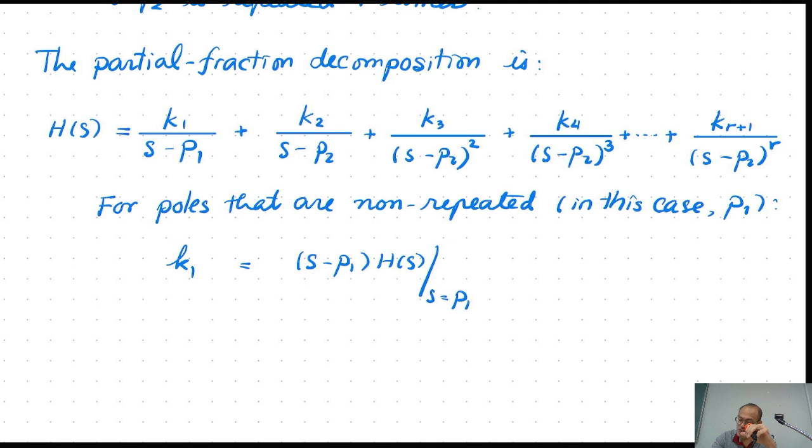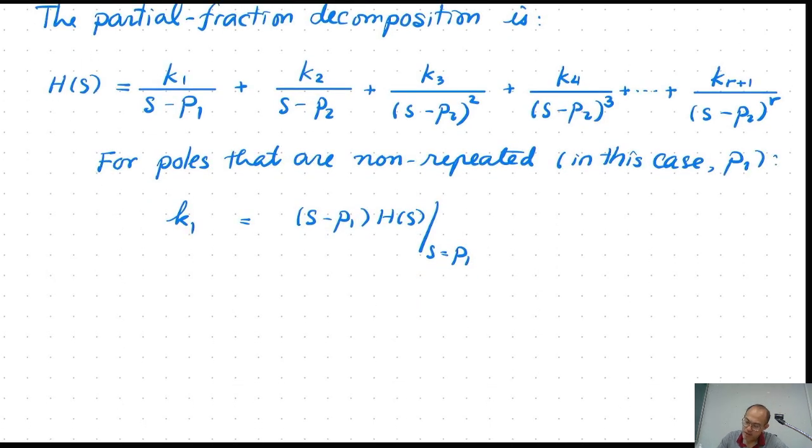Now, to determine K2 through K(r plus 1). By the way, K(r plus 1) is quite easy. We can find the last term of the repeated poles straightforwardly.